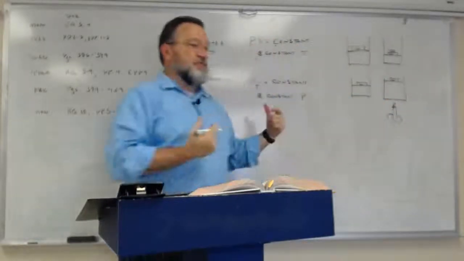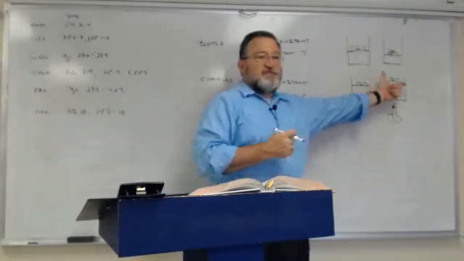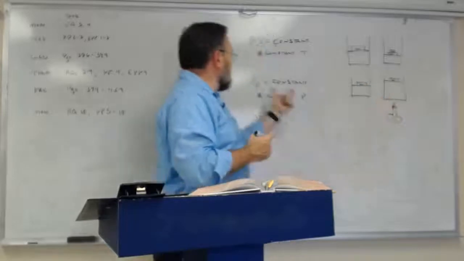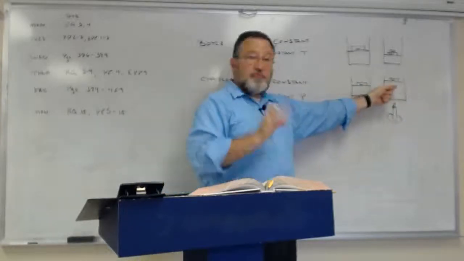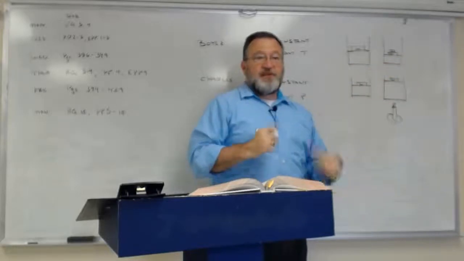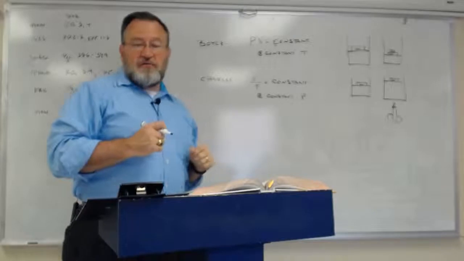Okay, I've increased the temperature. And by increasing the temperature, I have to have an increased volume. Why is it increased volume? Because the volume divided by temperature is the same. The pressure is constant because it's the same weight pushing down on that plunger. That's how we visualize Boyle's law, and this is how you visualize Charles' law.